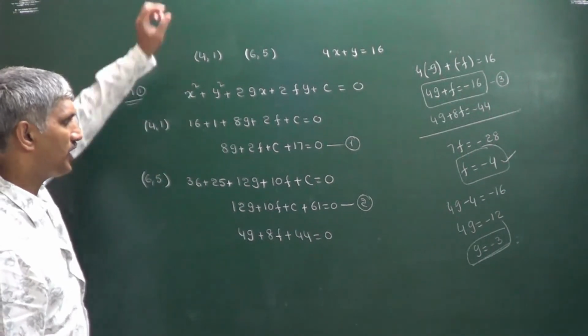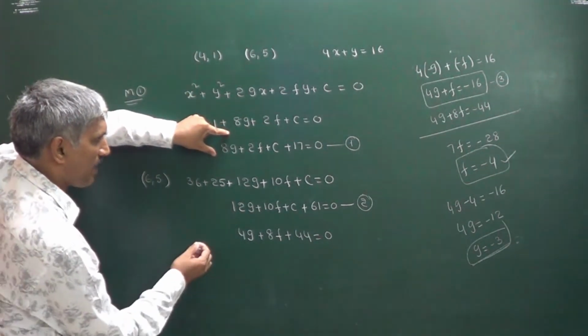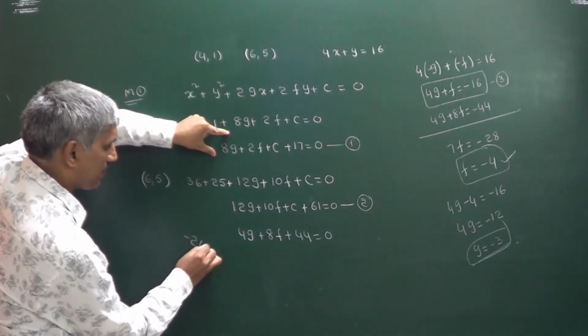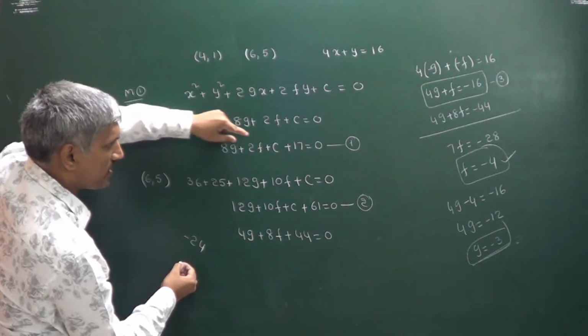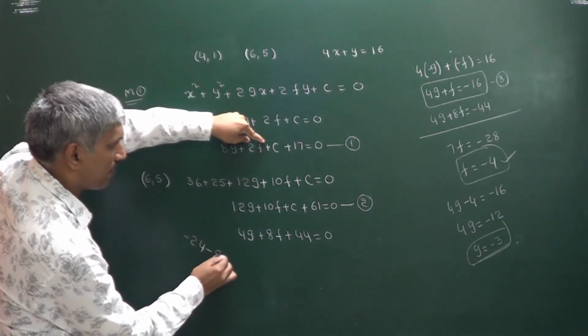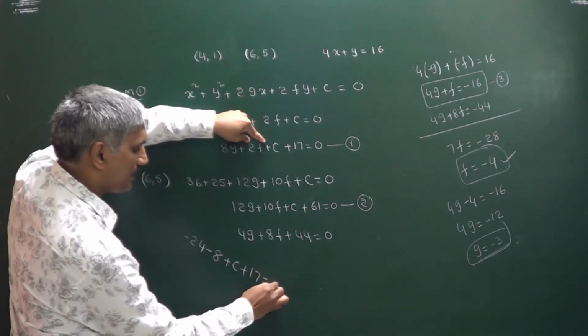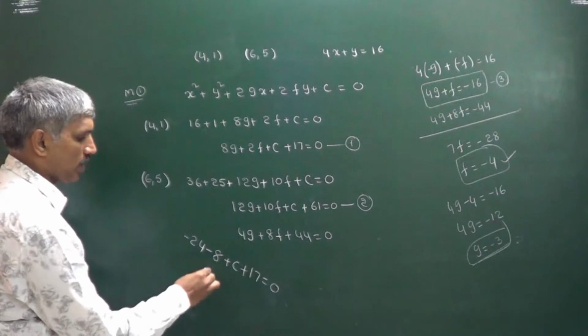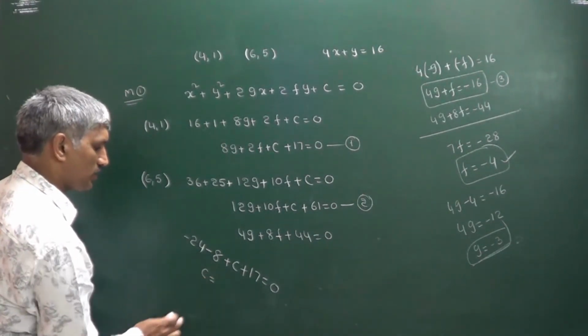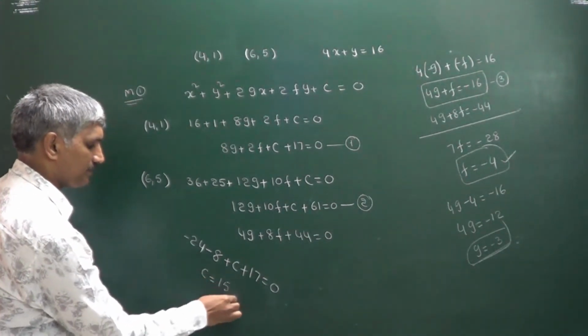So substitute here G value as minus 3, that's why we are getting minus 24. F value we got minus 4, that's why minus 8, plus C plus 17 is equal to 0. Now we are getting the value of C is equals to 15, right?